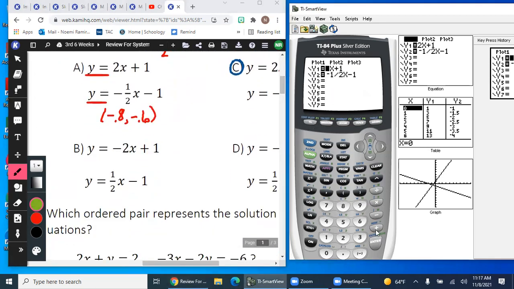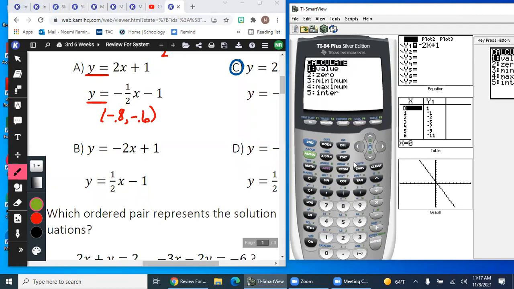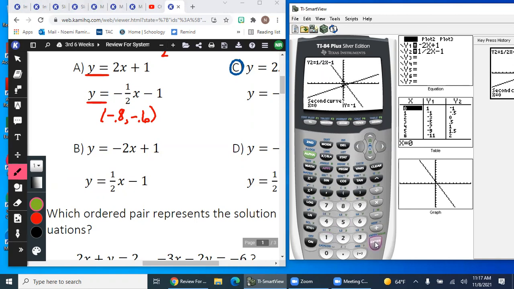Let's look at B. Clear, clear. Negative 2x plus 1, and then 1/2 x minus 1. Second, trace 5. Enter, enter, enter. This one is 0.8, negative 0.6.